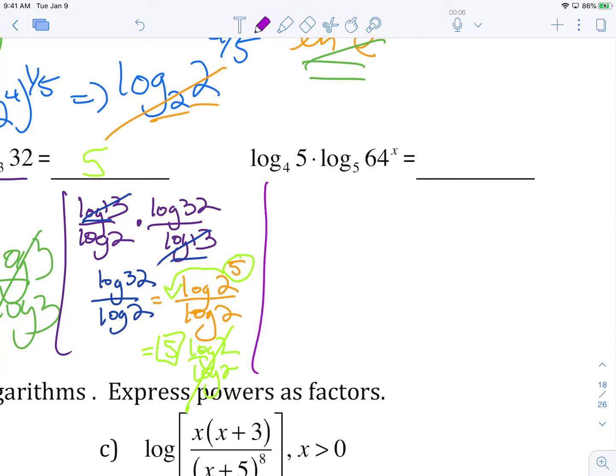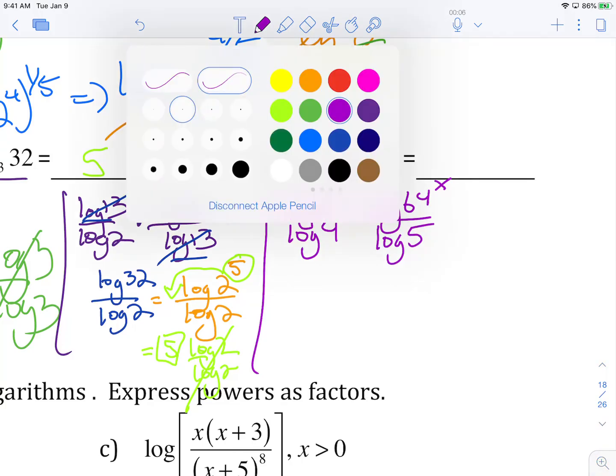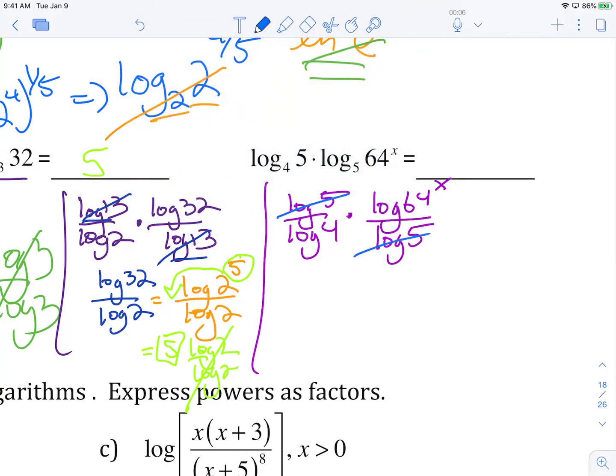So, log 5 over log 4, I'm using the change of base formula, times log 64 to the x over log 5. And these are the same, so I can cancel them out, and I'm left with log 64 to the x over log 4.